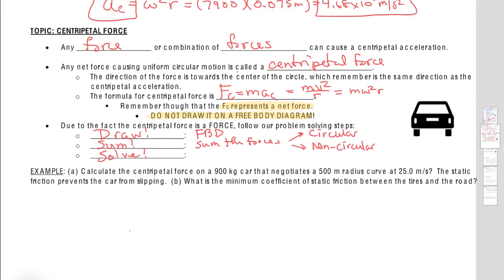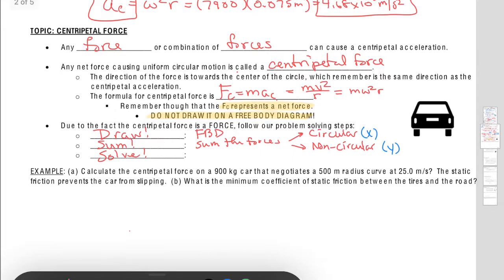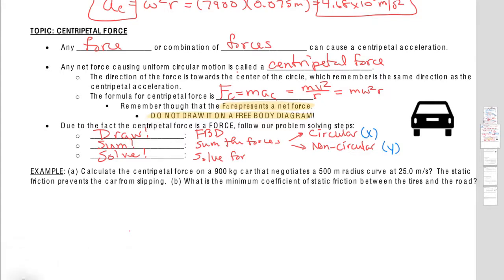But very much it looks like the circular direction is our x direction and our non-circular is our y direction. You'll see in a second, I've got a little card drawn off to the right, and we'll do a quick free body diagram to show you how this works. And then the final step, again, is to solve for what you are looking for. The same exact steps that we did way back in Unit 2 come back here in Unit 5.